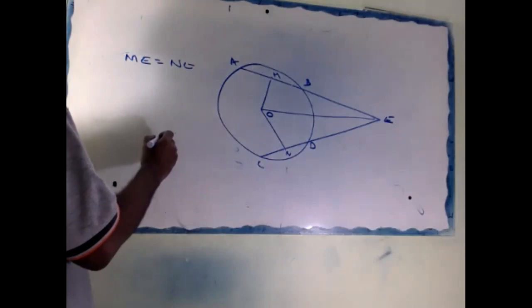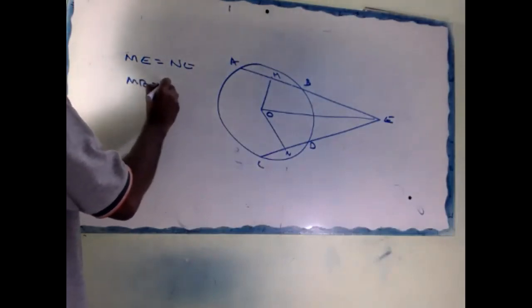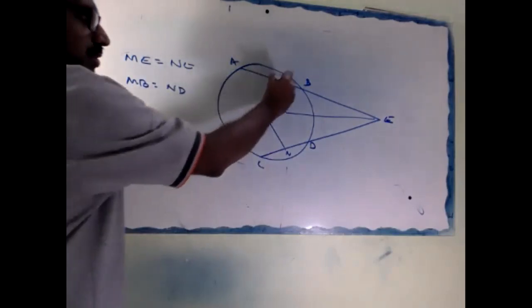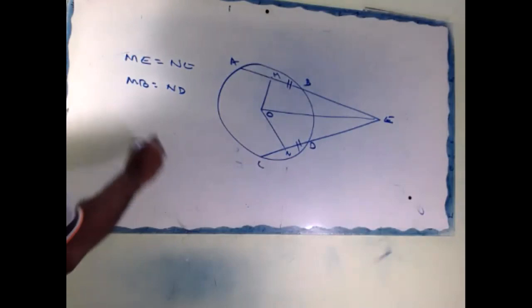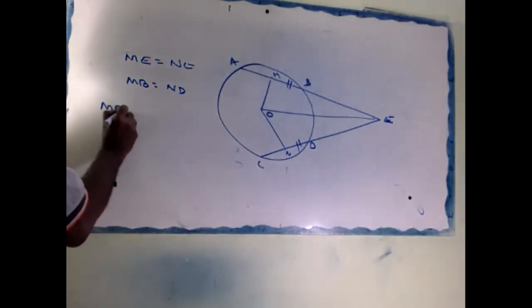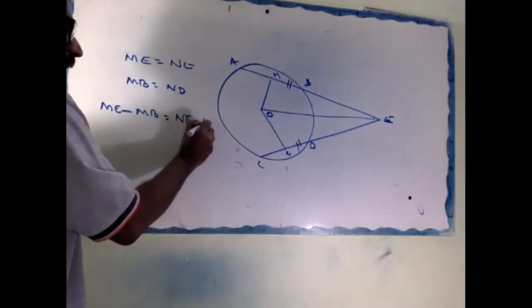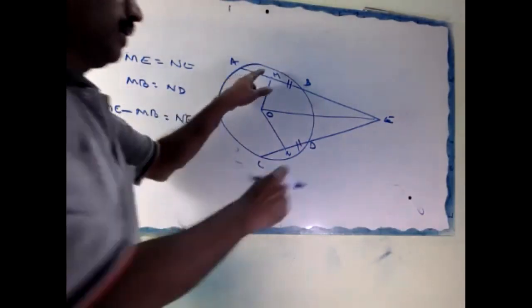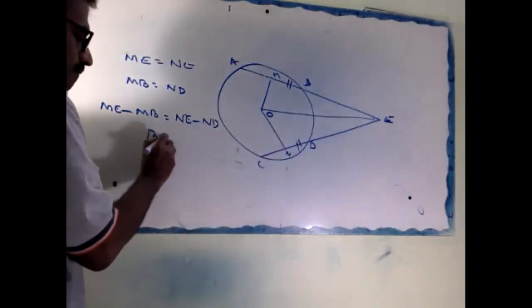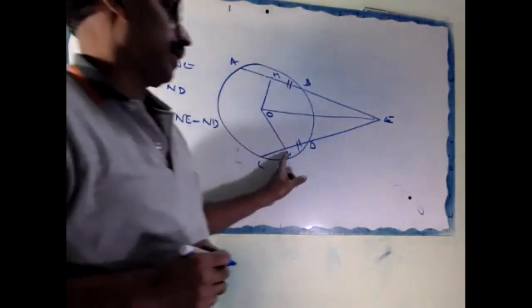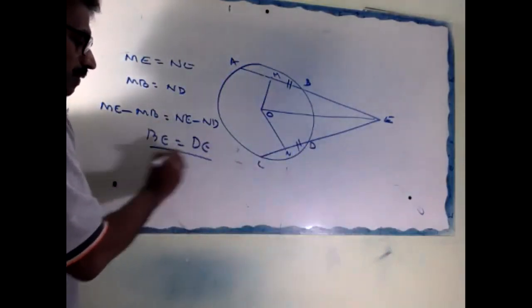Then we know that MB equals ND. This one equals this one. So ME minus MB equals NE minus ND. ME minus MB is BE, and NE minus ND is DE. This is the first part.